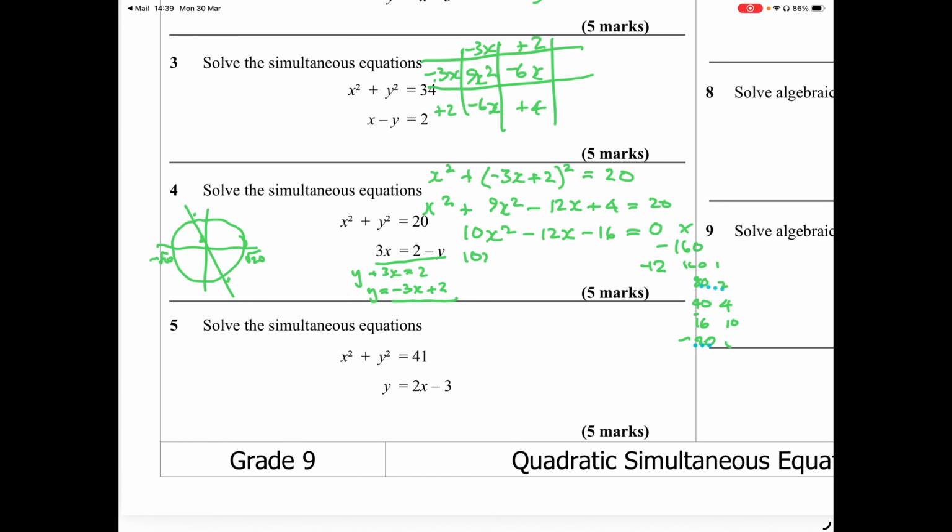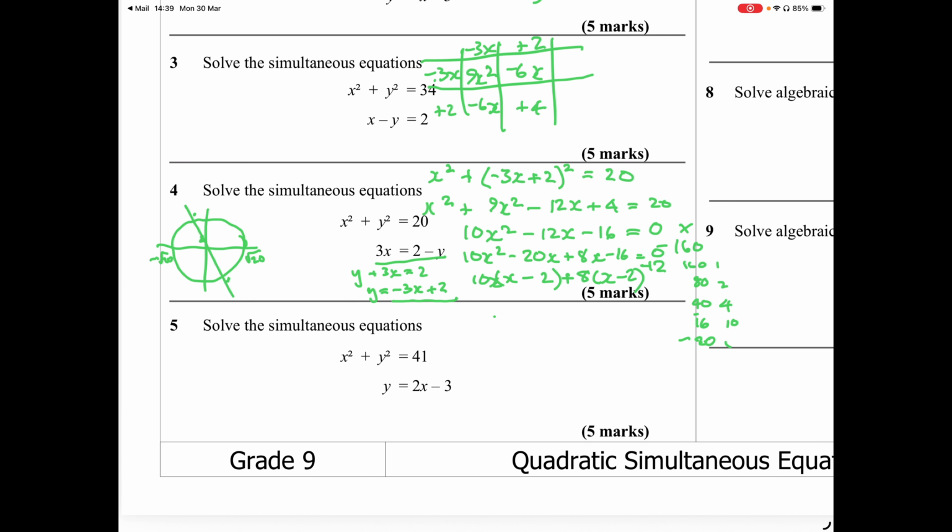So 10x squared minus 20x plus 8x minus 16 equals 0. So that's 10x(x minus 2) plus 8(x minus 2).